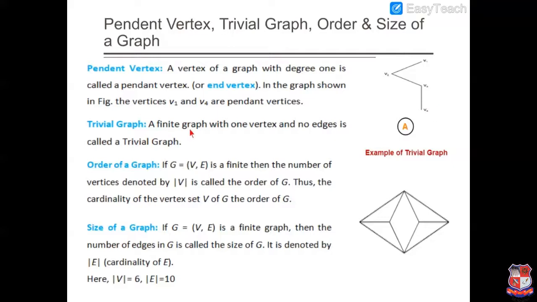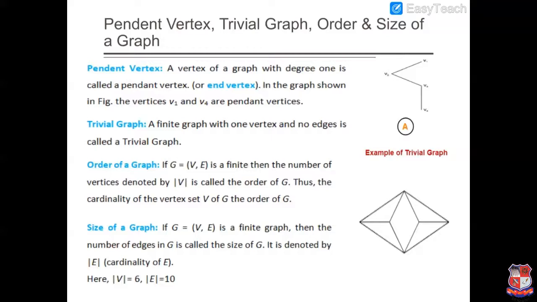Trivial graph. A finite graph with one vertex and no edges is called a trivial graph. So here there is only one vertex A and no edges connected with this vertex A, so it is called a trivial graph. Order of a graph.